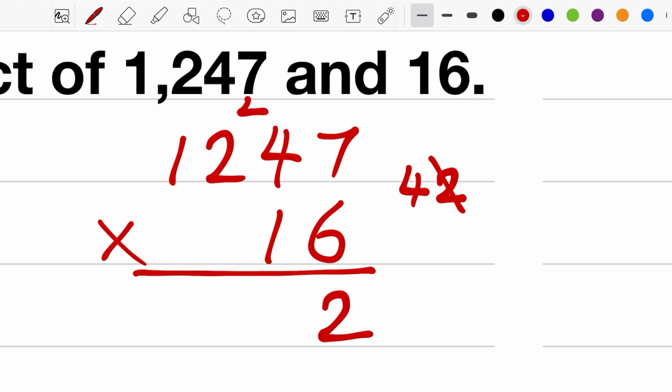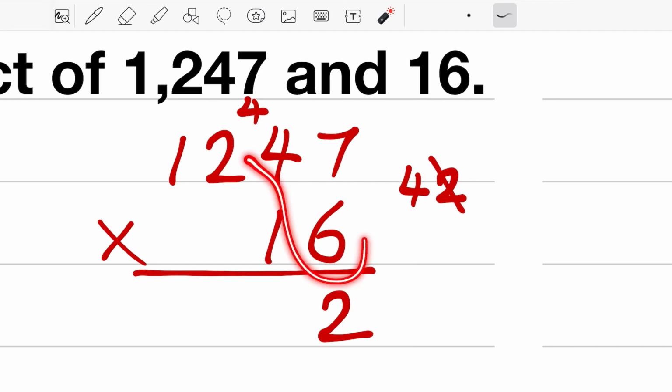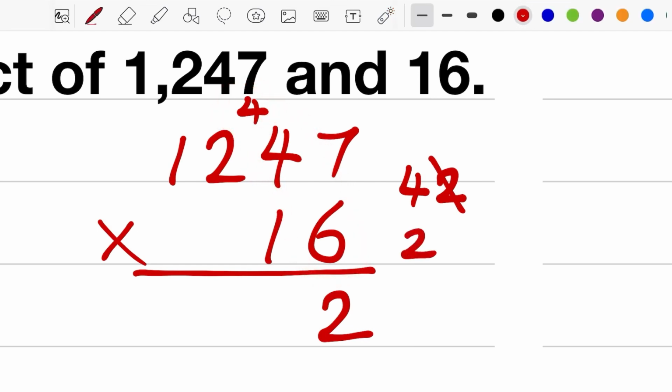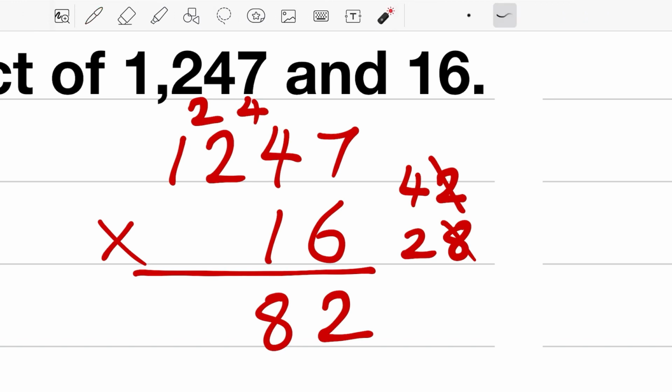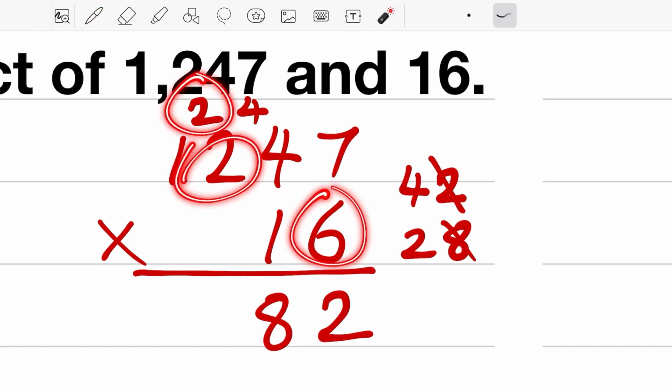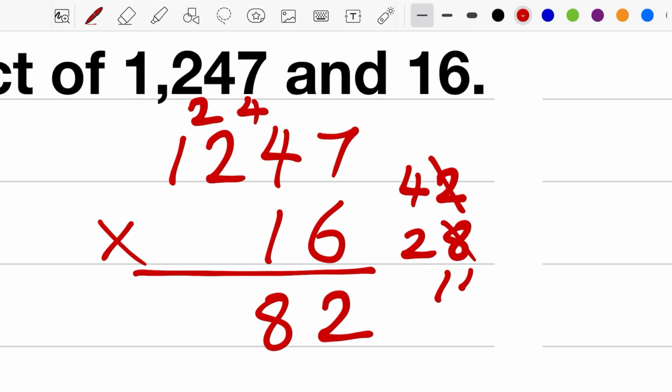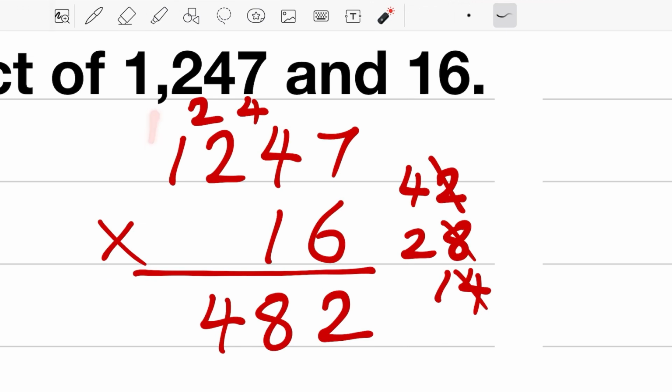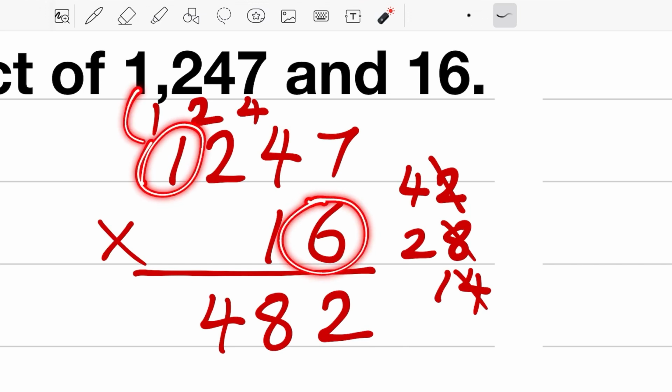We carry over the 4. 6 4s are 24, plus 4 is 28. Carry over the 2. 6 2s are 12, plus 2 is 14, and we carry over the 1. Six times 1 is 6 plus 1 is 7.